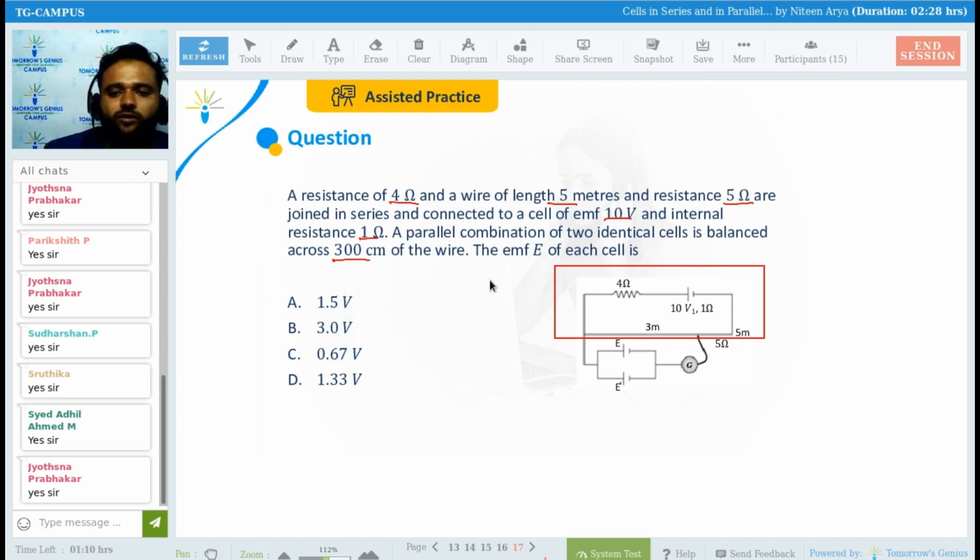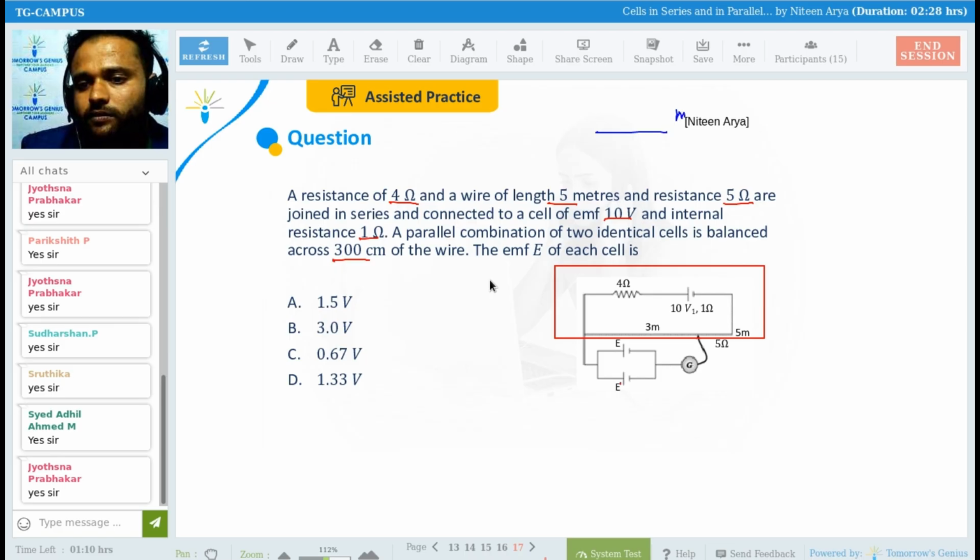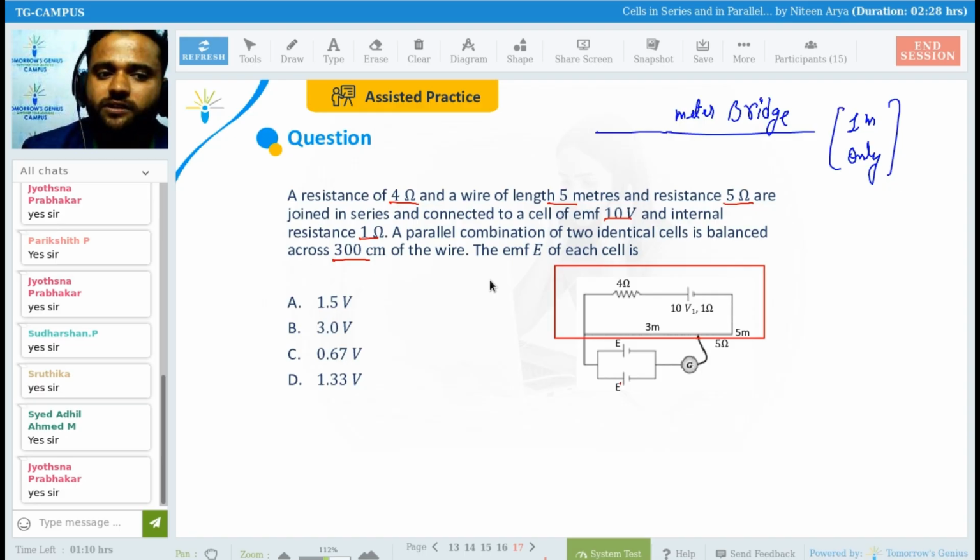A tricky question. Instead of 1 meter bridge, like in the previous slide, we understand meter bridge. 1 meter only, is the length I'm talking about. So instead of 1 meter bridge, we have 3 meter bridge, which is connected in series.